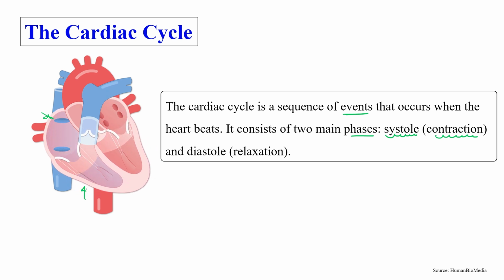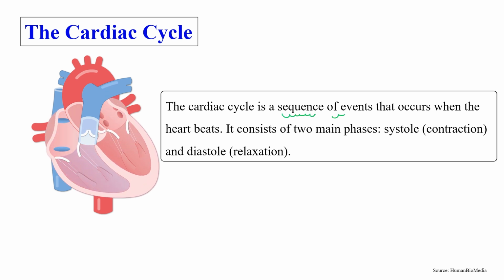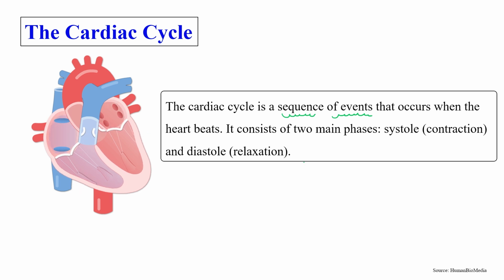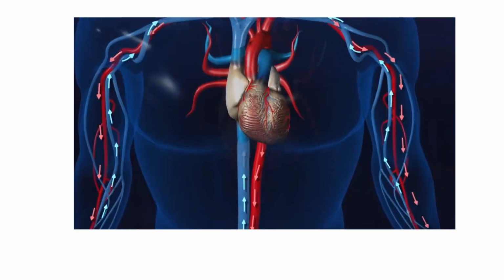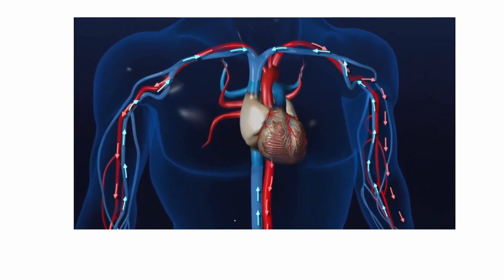When atria are in diastolic phase, the ventricle is in systolic phase. So continuous contraction and relaxation occur in our cardiac cycle. The cardiac cycle is a sequence of events that occur when the heart beats, which contains two main phases, systole and diastole. Systole means contraction, diastole means relaxation. Just look at this particular animated picture first.